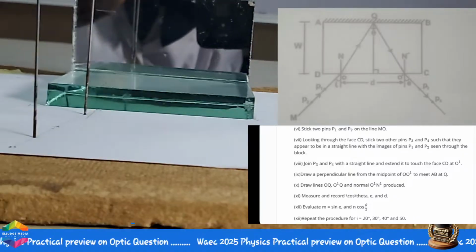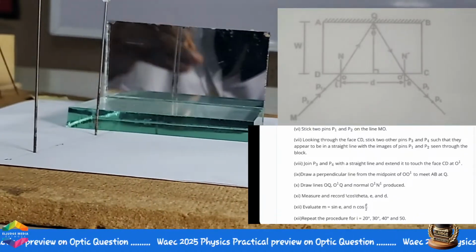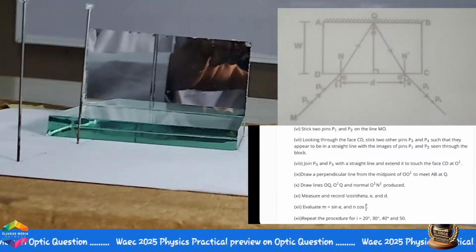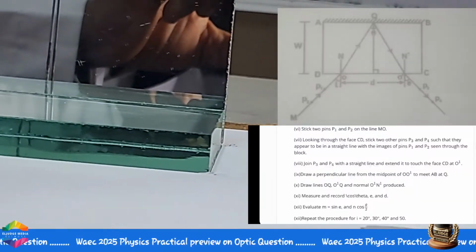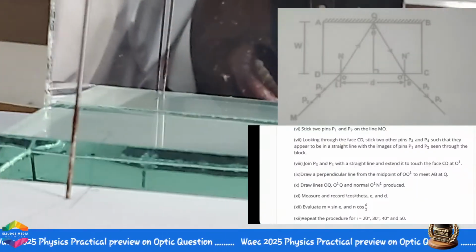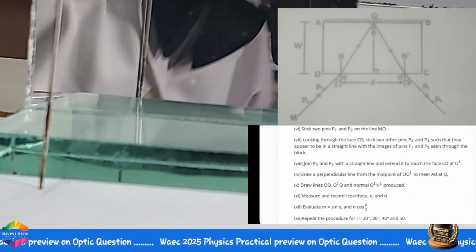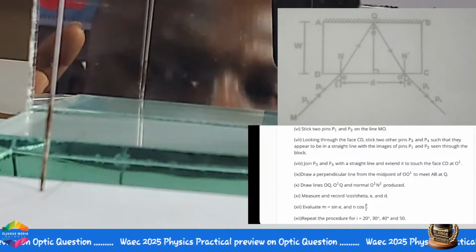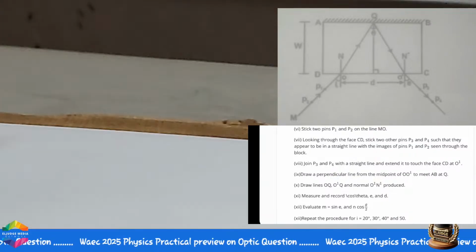Now let me look through the block. We want to put our pin at a point where it lines up, so let me first make my own trial.